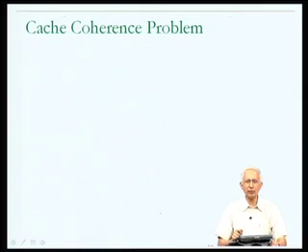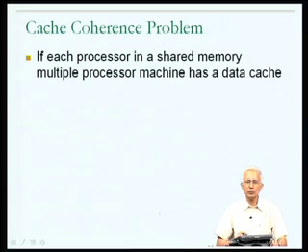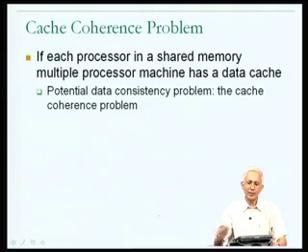And this is a serious problem with caches in shared memory parallel machines; it is known as the cache coherence problem. Essentially, there is a problem in maintaining the coherence of the multiple copies of data that could be present in the main memory as well as in the many caches which we now understand would be present in a shared memory machine, one cache for each of the processors at least. Right? So, the cache coherence problem arises if each processor in a shared memory multiple processor machine has a data cache, and it is a potential data consistency problem.